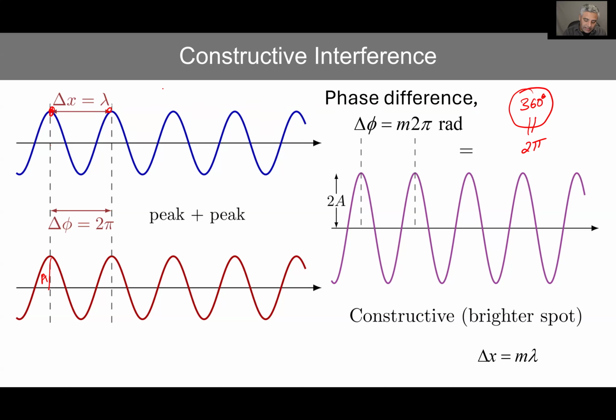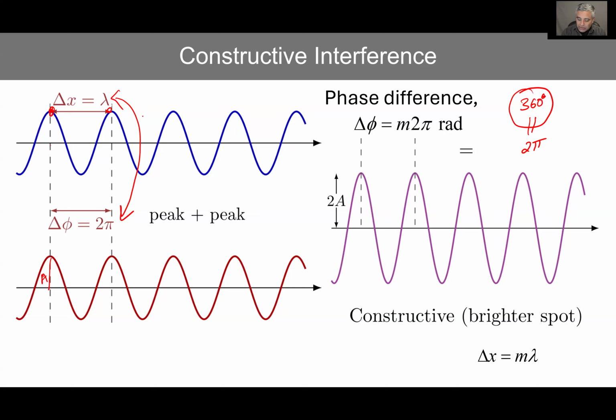And the equivalent phase difference for one cycle is 2 pi radians. So these two are equivalent. They are not the same, but they are equivalent.